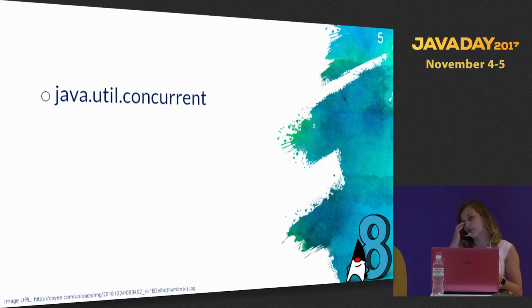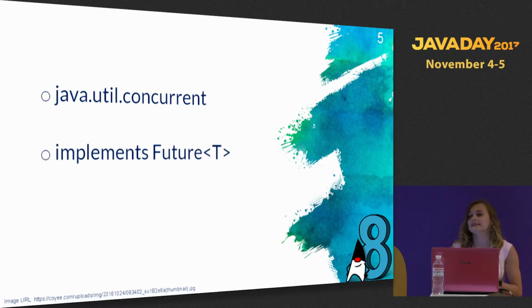So, we'll start by looking at the updates that CompletableFuture provides. Firstly, this class is located in java.util.concurrent package, although it should have been in java.base by now, but it's still in java.util.concurrent. It implements a well-known interface Future, which contains only 5 methods, get and get with timeout, and the problem here is that it's a blocking approach, so we have to wait.